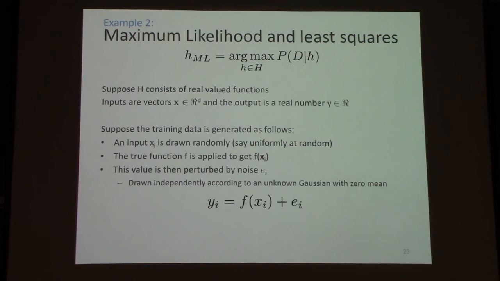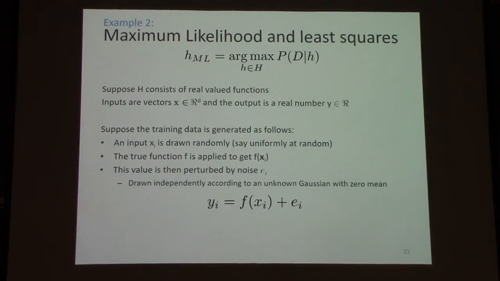Then before giving us the label, before telling us that this xi has the label f of xi, a certain noise is added to that label. And we assume that nature, for whatever reason, chooses to apply a noise that's drawn randomly from a Gaussian distribution.